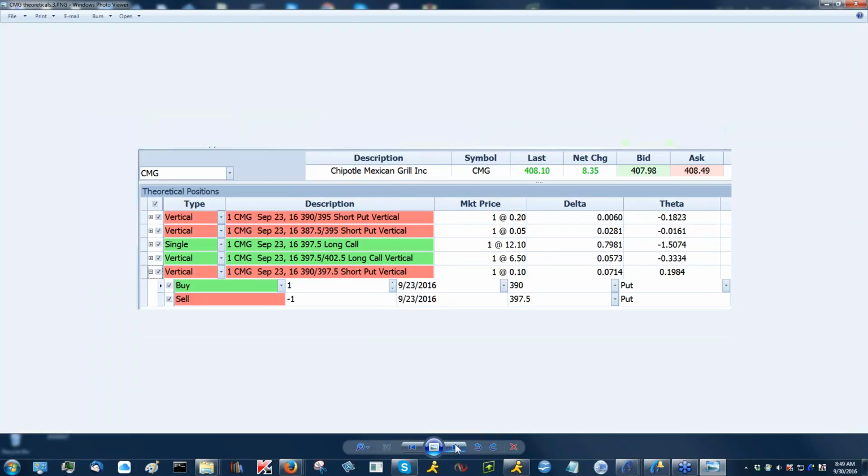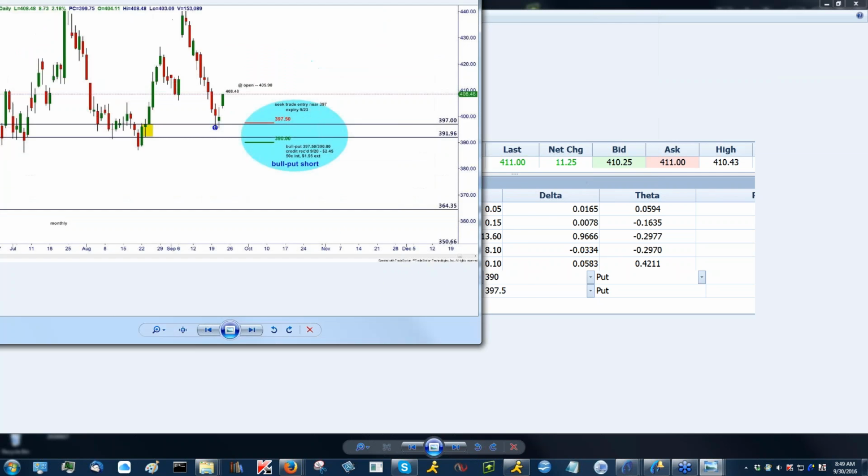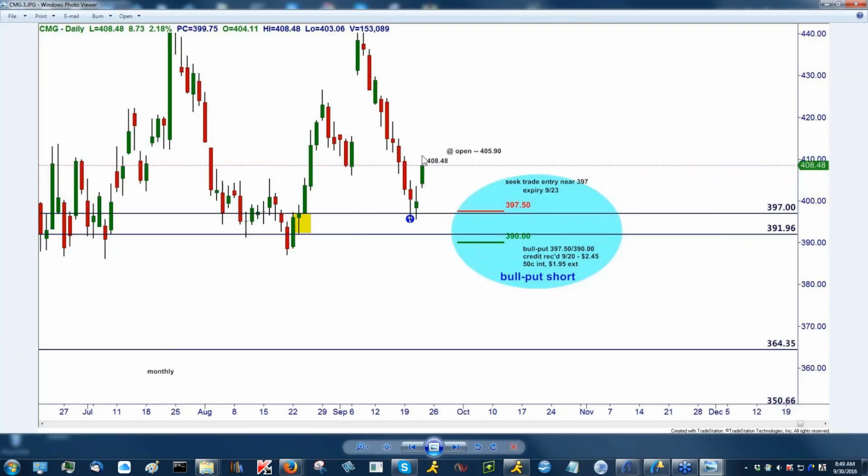And then the follow-up, as it continued, sorry, the machine's having a little slow movement here. And then as price continued to move, that ended up as the result.